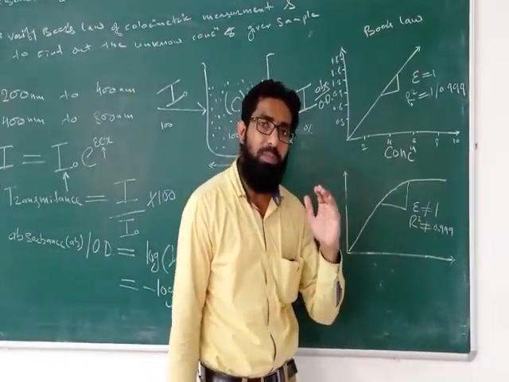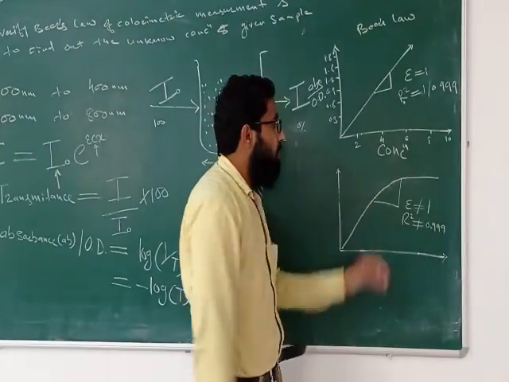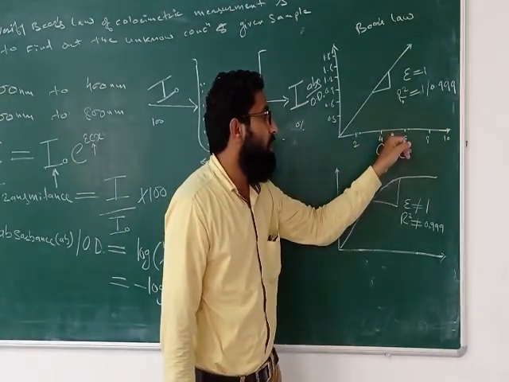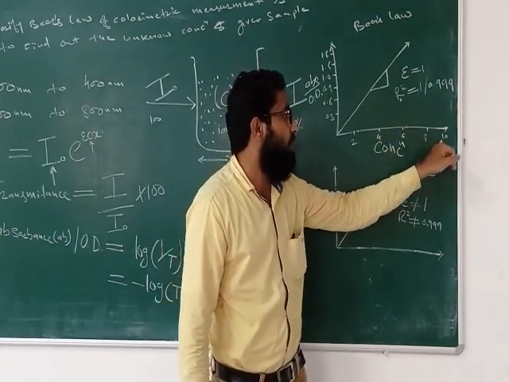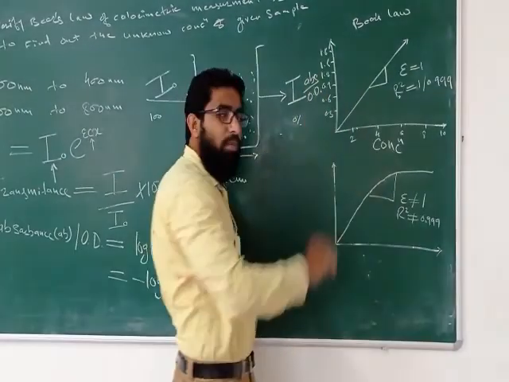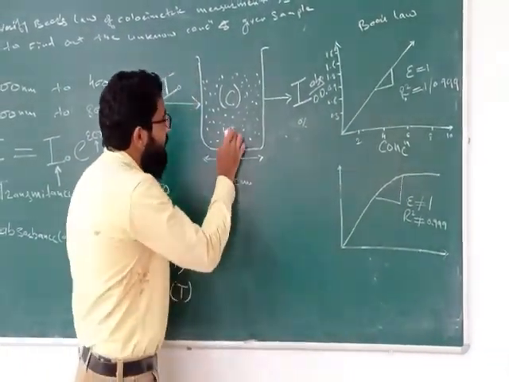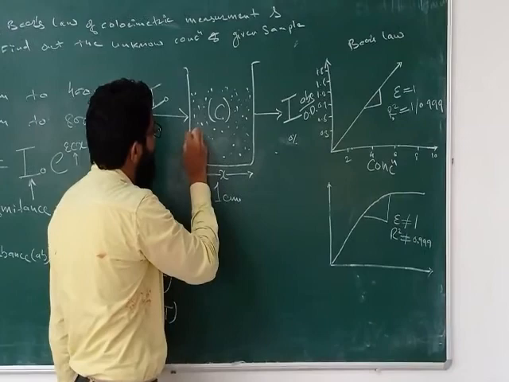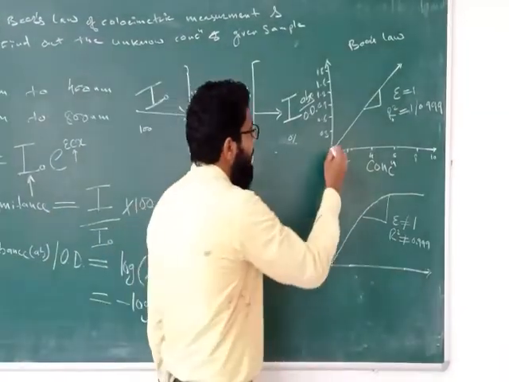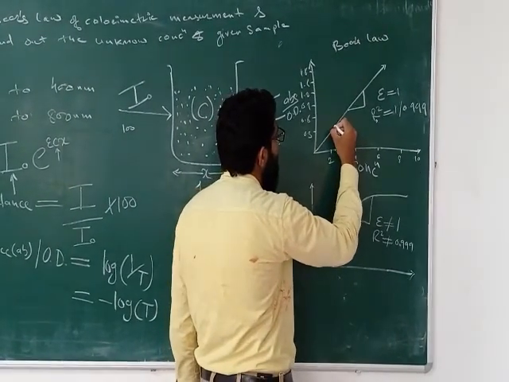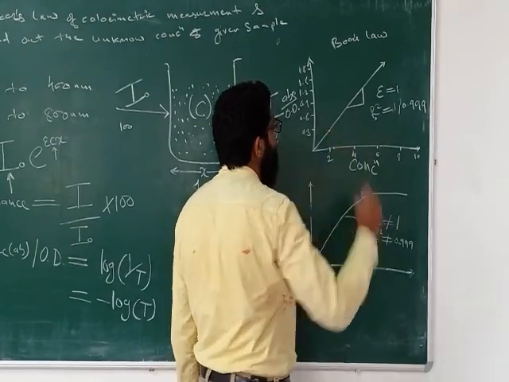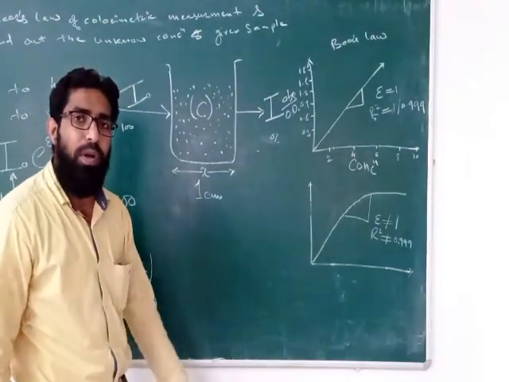By considering Beer's law, this is the concentration. There are 5 concentrations: 2 microgram per ml, 4, 6, 8, and 10. And these are the absorbances. If it is 2 microgram per ml concentration, then it has an absorbance of 0.3.